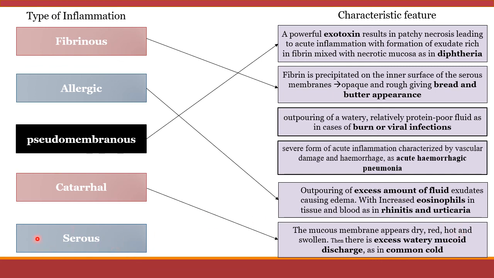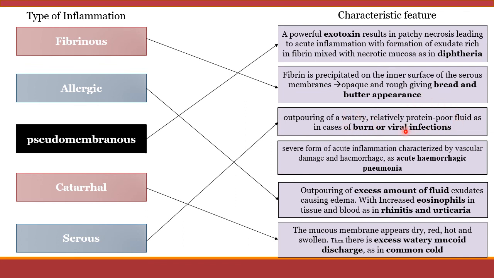Last, we have the serous inflammation. Which one of the remaining can be a good description for serous inflammation? Yes, we have outpouring of watery, relatively protein-poor fluid, and most commonly it happens in cases of burn and viral infections.